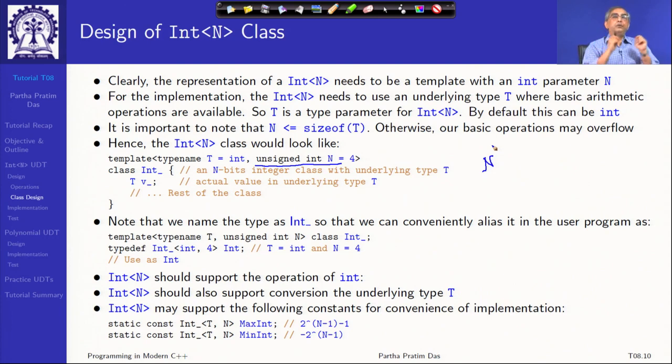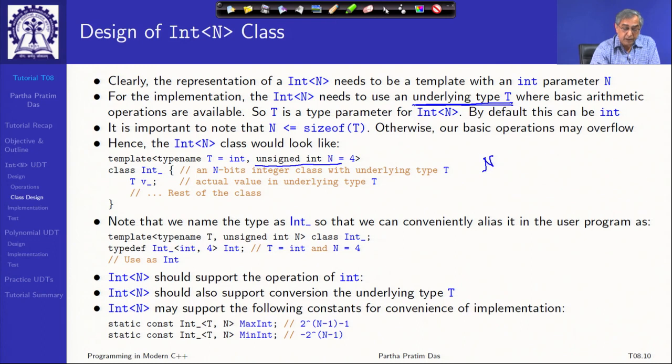So, I want to make use of some underlying type, a type in which the actual computation will be done and then the wraparound will be applied onto that. So, I talk about an underlying type T which I want to use. I could use, for example, a signed char, short int, int, long int, and so on and so forth, right.